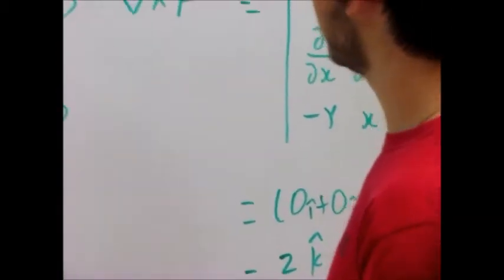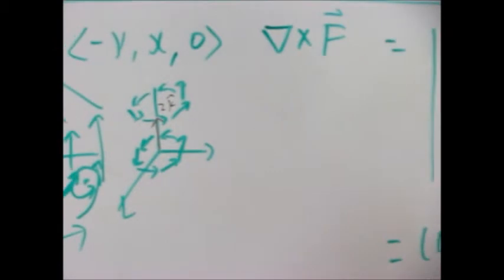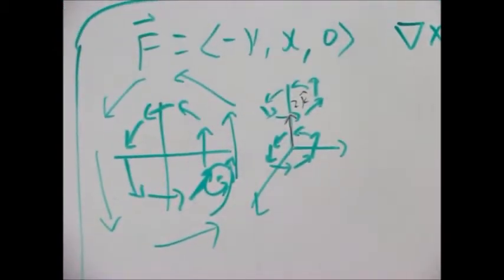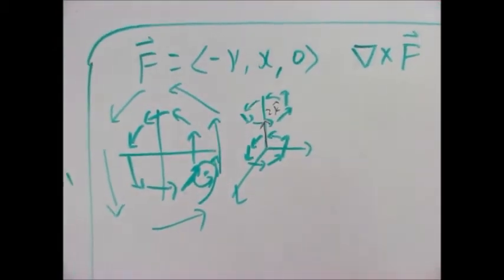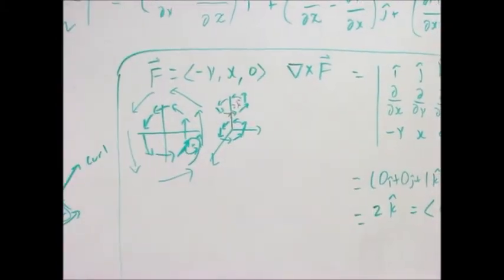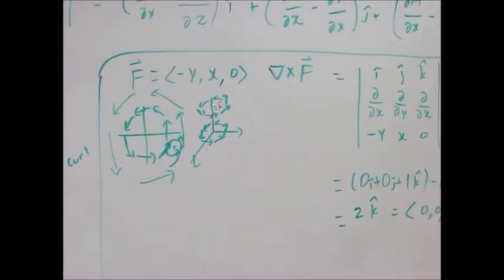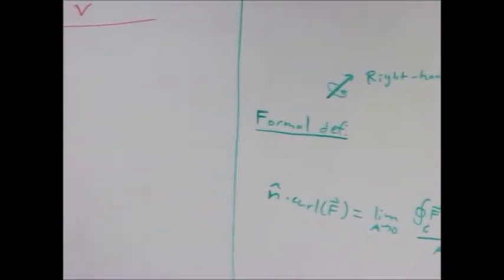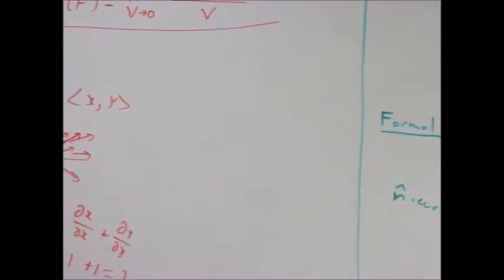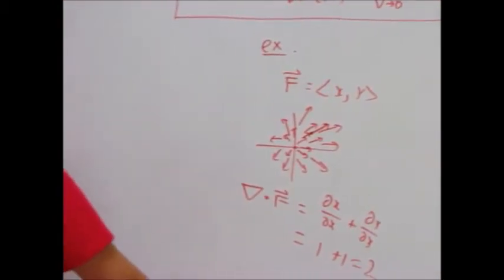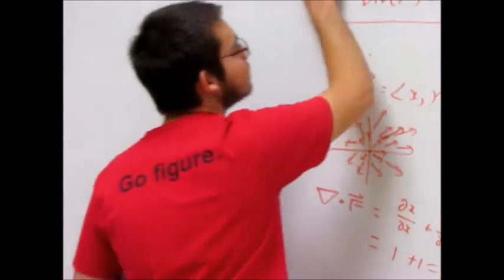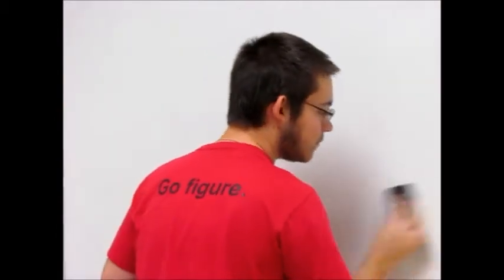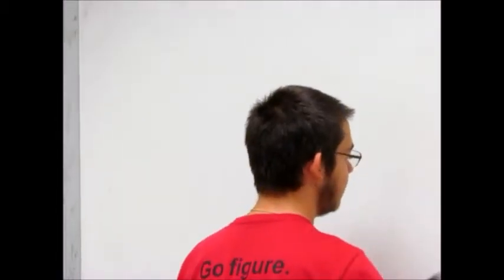And there's something interesting about the curl, which is that it helps you calculate some things. Earlier I talked about the gradient theorem and vector fields that were conservative. That is, they were path independent, so you could take the integral and it wouldn't matter what the path was, as long as you knew your start and end points.